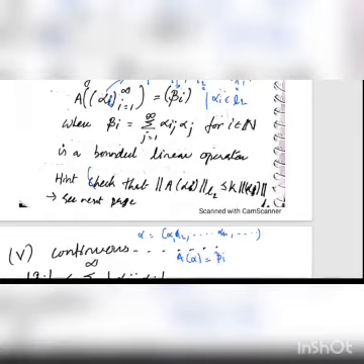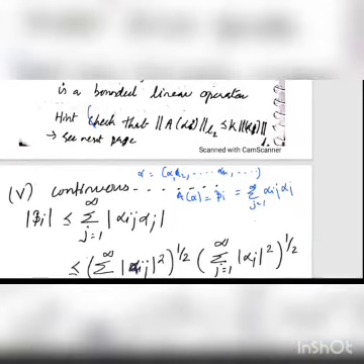Then beta i should be equal to something like this, then it is valid. Now beta i is equal to sigma j equal to 1 to infinity alpha ij into alpha j, as you have defined. Now the modulus of beta i.